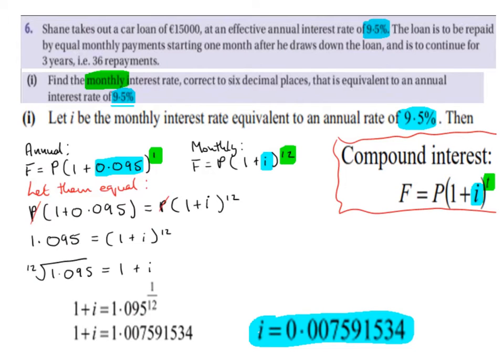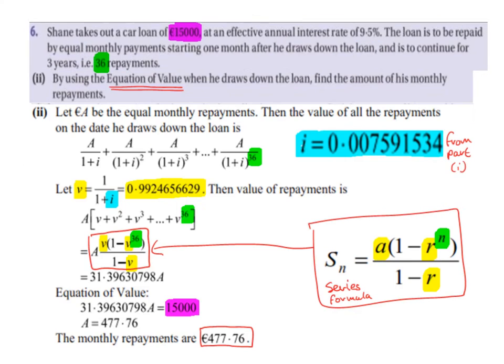Now the question asked for 6 decimal places, so the final answer would be I is equal to 0.007592. However, we will use the longer answer, with more decimal places, in part 2 when we're using I, because that will give us a more accurate answer for part 2.